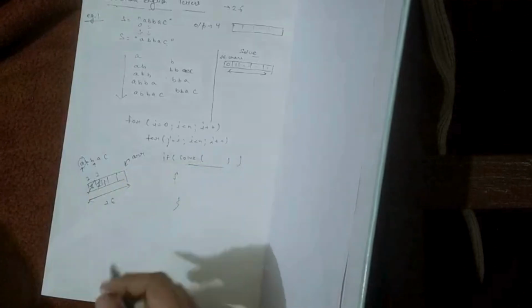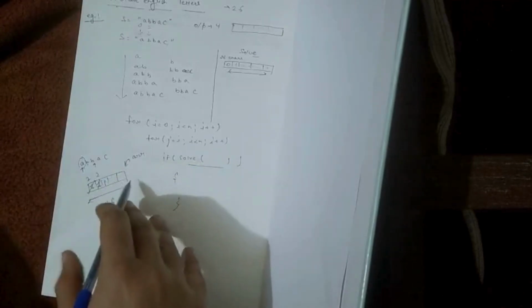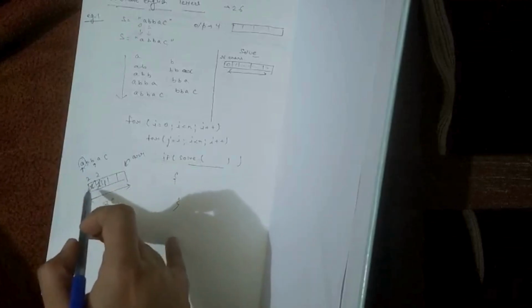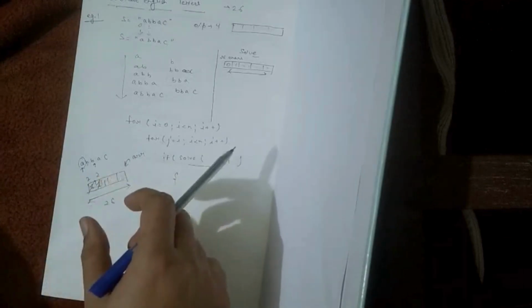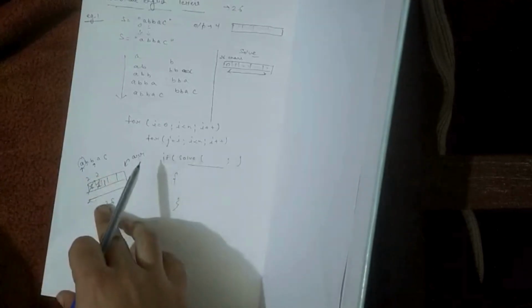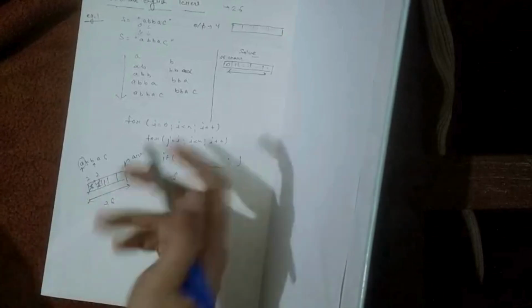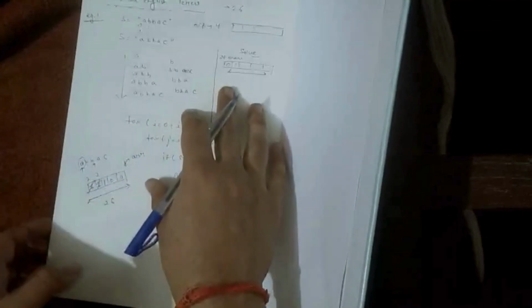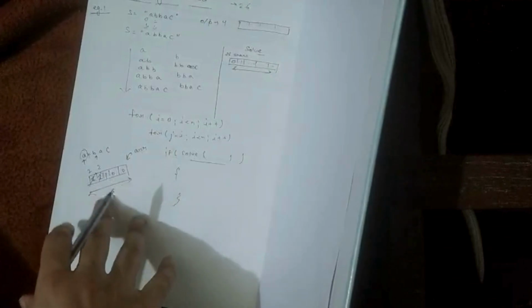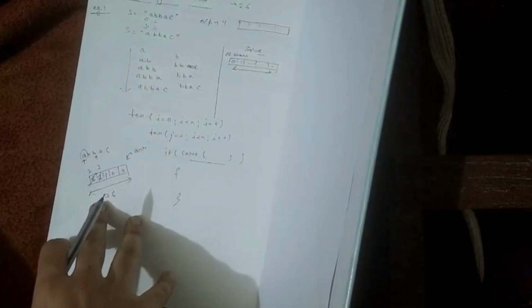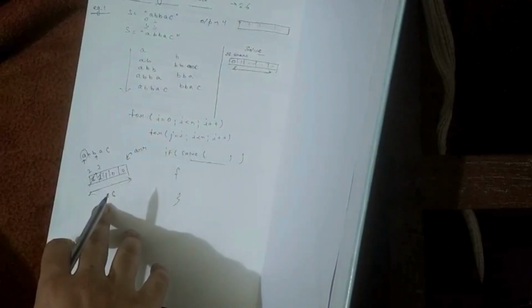So by seeing this, we can say that if all the index values are matching, then this is a valid substring. Otherwise it's not a balanced substring. So it's pretty simple now. How can we find whether the substring is balanced or not?